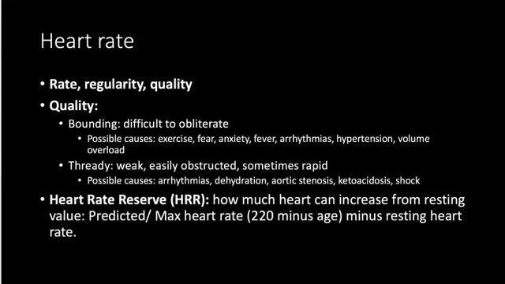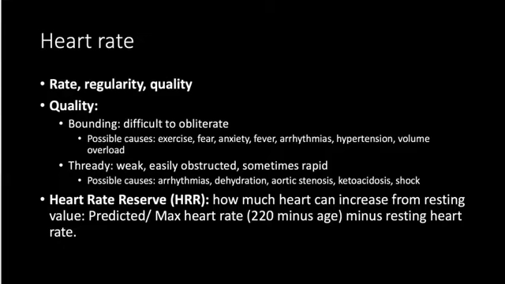A thready pulse is a weak pulse. It's easily obstructed with your fingers as you are palpating. It can sometimes be rapid. Possible causes: arrhythmias, dehydration, aortic stenosis, ketoacidosis, or shock.